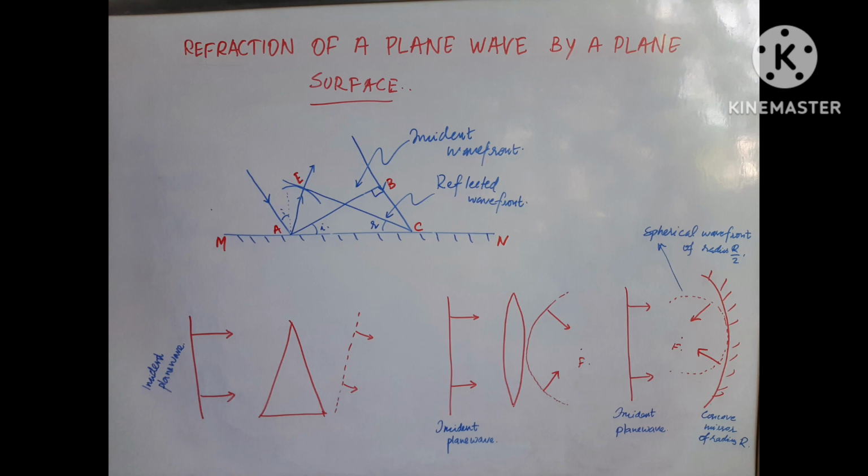And the next one, we can extend this idea to any plane surface. First we consider a plane wavefront that is incident on a prism. Just imagine two parts of the plane wavefront. The top part travels less in the glass medium, and the lower part travels more in the glass medium.